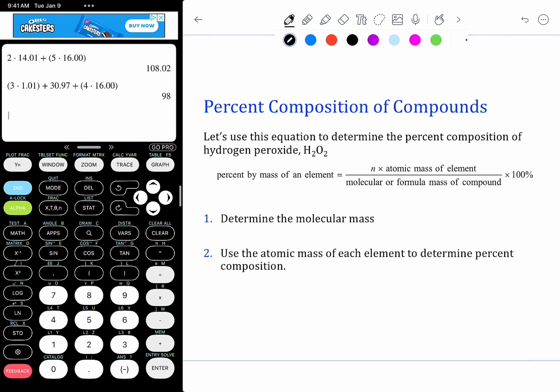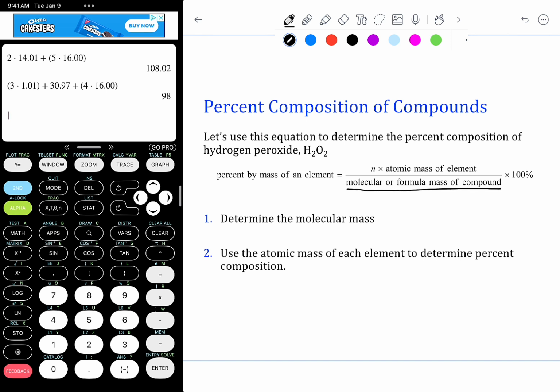Let's determine the percent composition of hydrogen peroxide, H2O2. The first thing that you want to do with all of these problems is determine the molecular mass, because that's the value that you're going to use in the denominator.